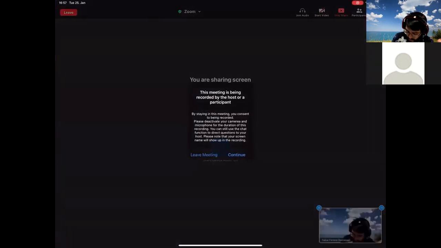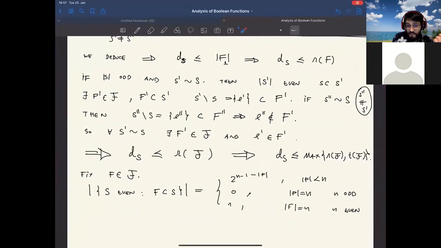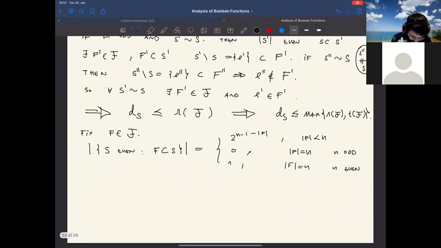And if F is even itself, then F contains itself. Equal here as well. I use contain as a symbol to mean contain or be equal, not strictly contain. In any case, this formula is easy to deduce. And for the odds, it's more or less the same.